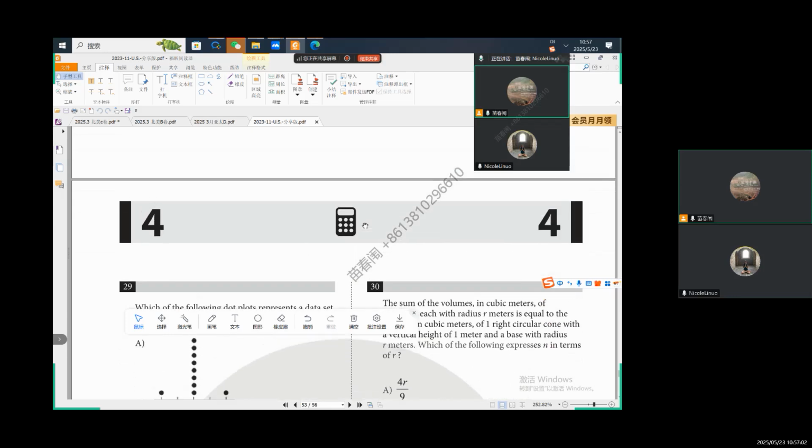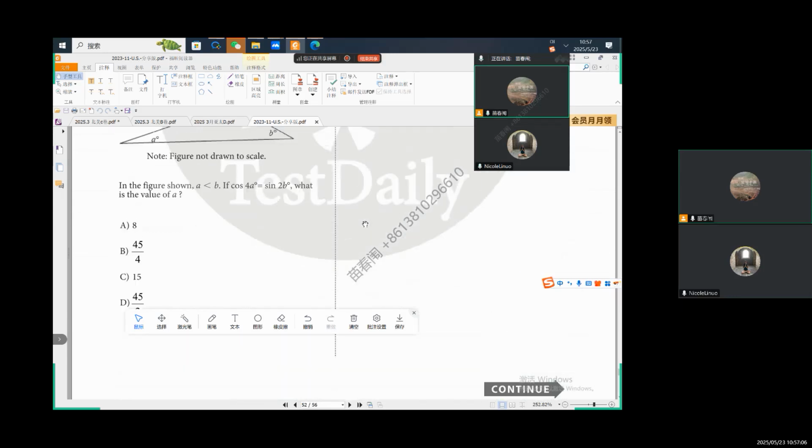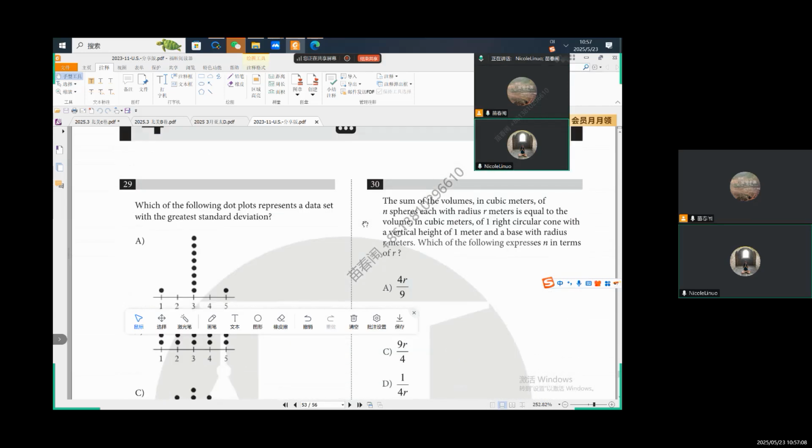We have to read it and draw it. Cylinder and cone, that's something to be careful about too, because their formulas are similar, right? Yeah.